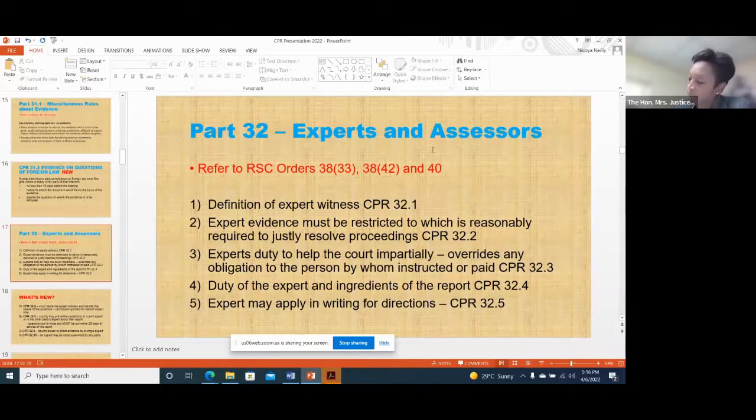Before the advent of the CPR, the reality was very different. I'll read it and I believe it'll become very clear what I'm talking about. Before the advent of the CPR, an American commentator had this to say: the idea is that the lawyer plays the tune, manipulating the expert as though he were a musical instrument on which the lawyer sounds the desired notes.